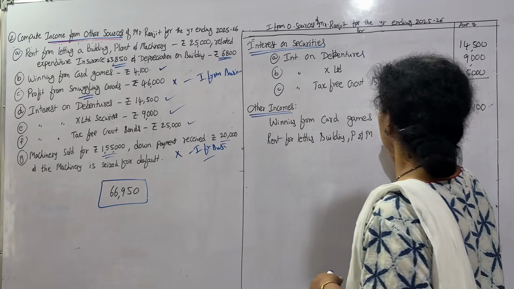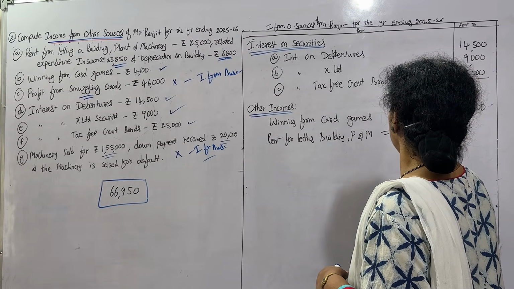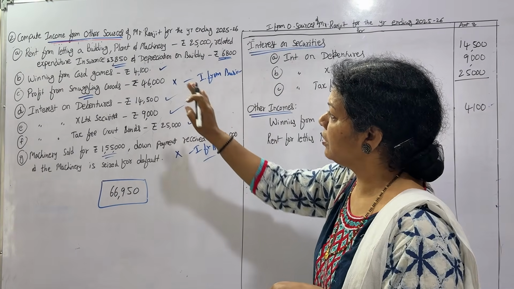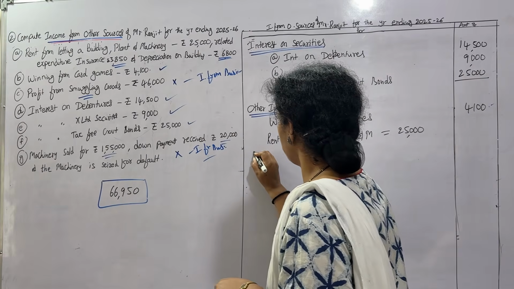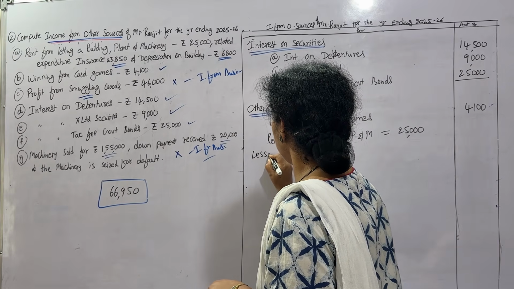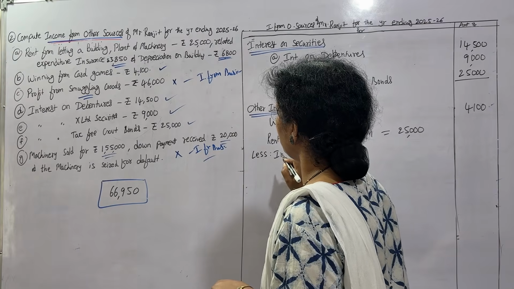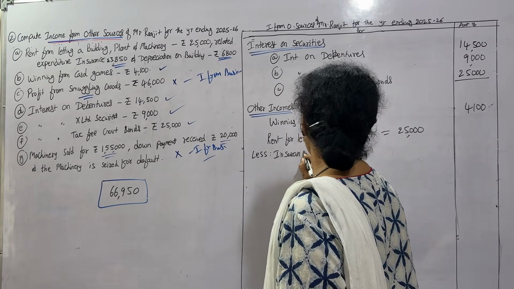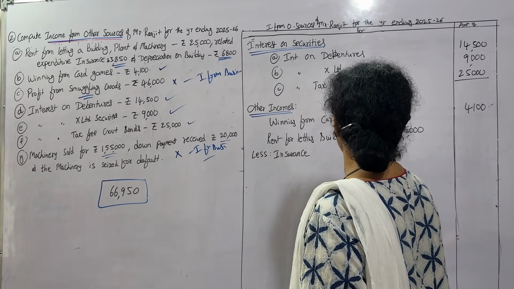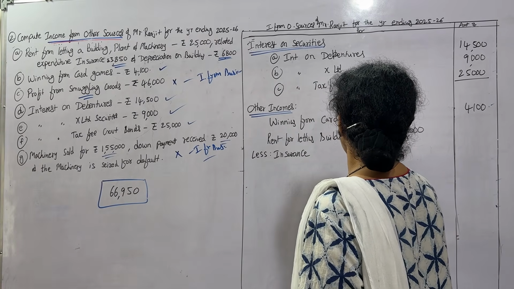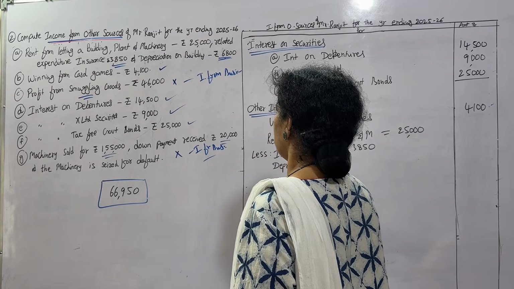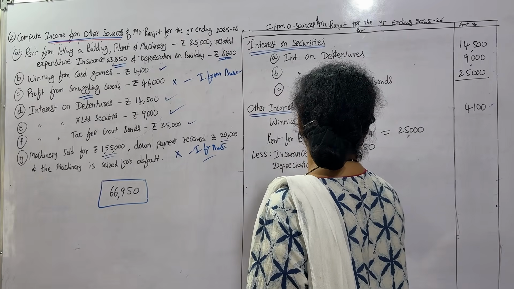Total amount here is 25,000, but we give consideration of insurance: less insurance and depreciation. Insurance is 3,850 and depreciation 6,800.